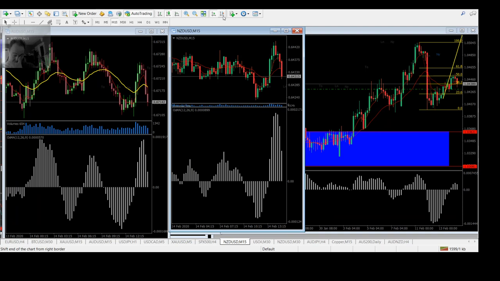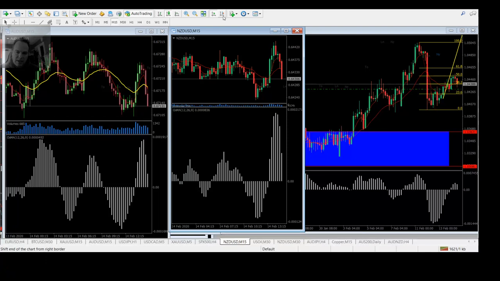So, again, in my experience, there's been times where I've seen the New Zealand get bought on a market move to the downside in equities.